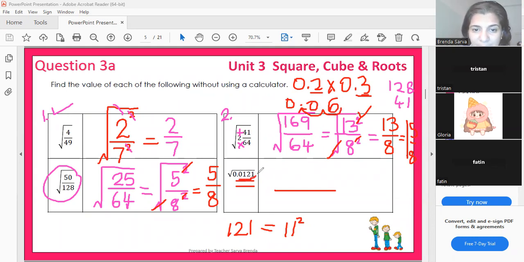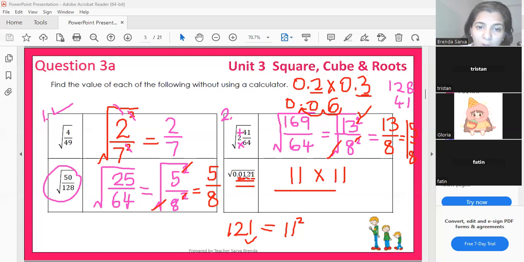Now look at the decimal places here. There are 4 decimal places. Am I right? 0.0121. So if 11 is going to multiply by 11, yes, I will get 121.